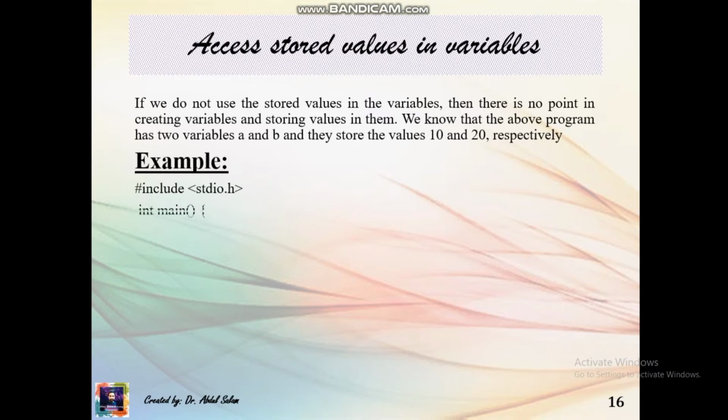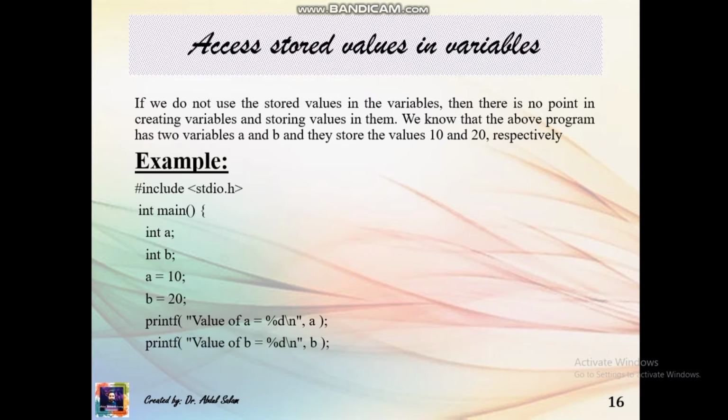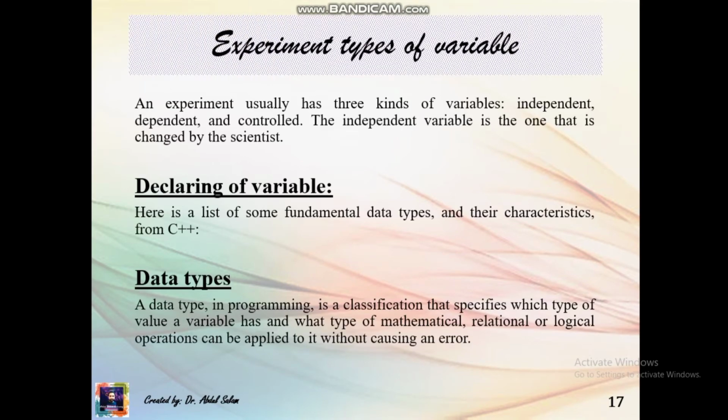For example, #include <stdio.h>, int main, int a, int b, a equal to 10, b equal to 20, that is, we are assigning values of 10 and 20 to variables a and b. Printf value of a equal to value of a. Printf value of b. So this program will simply print the value of a as 10 and the value of b.